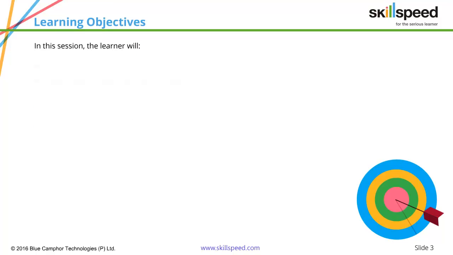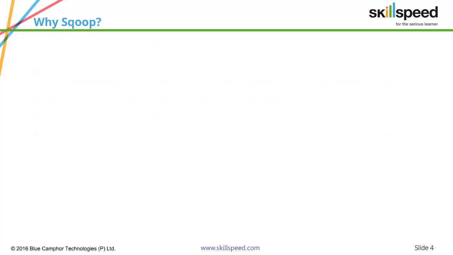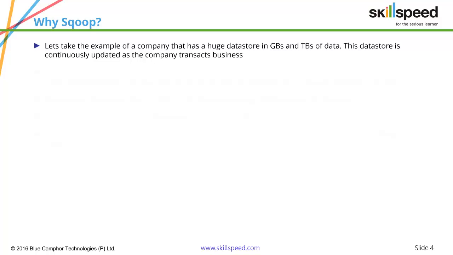So in this lesson, we will understand the need of Sqoop and the basic concept of Sqoop. So just imagine that you're working in a very large big data project where your client is one of the largest retail store present in the country. So in this case, when you want to load data into Hadoop from your client's ecosystem, there might be a mixture of structured as well as unstructured data.